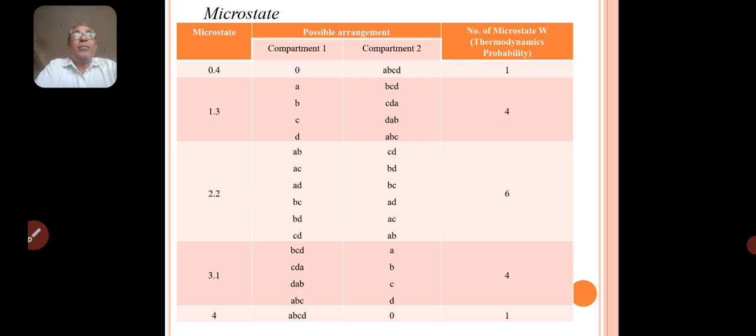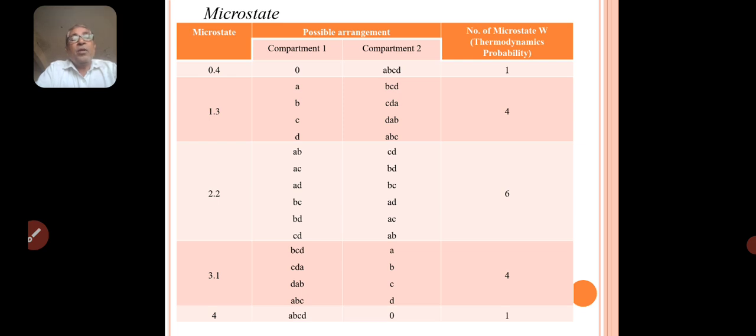Microstate (1,3): in the first compartment A, B, C, D and in the second compartment BCD, CDA, DAB, ABC, and the number of microstates is 4.